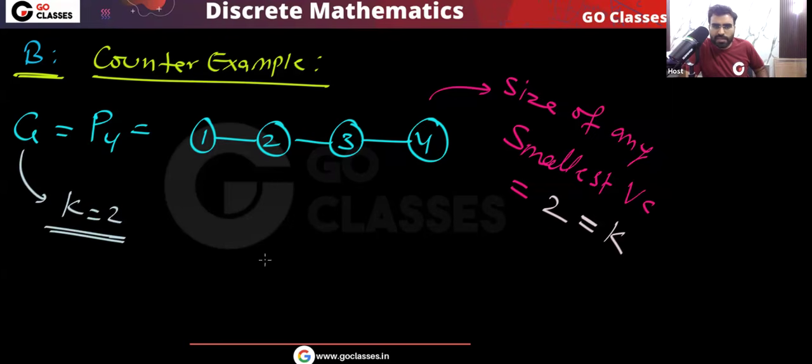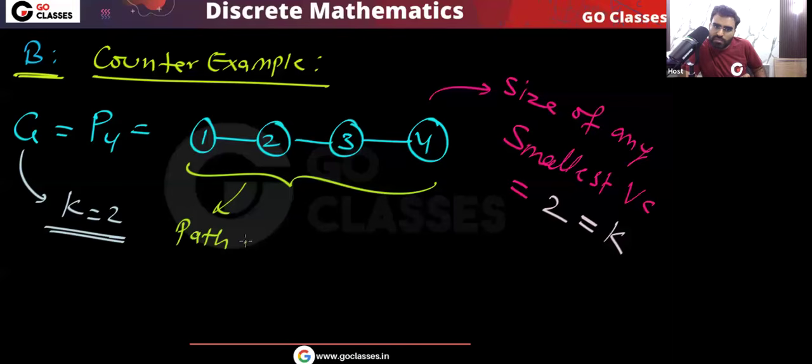Okay. Now you tell me, this vertex 1, is it on a path of length k plus 1? Yes or no? Here you can see this is a path of length k plus 1, which means a path of length 3.